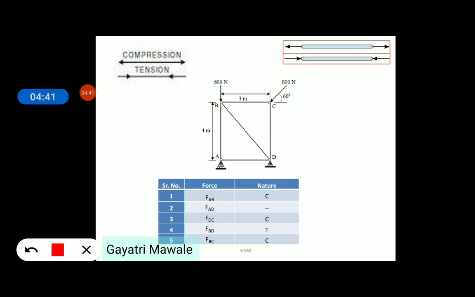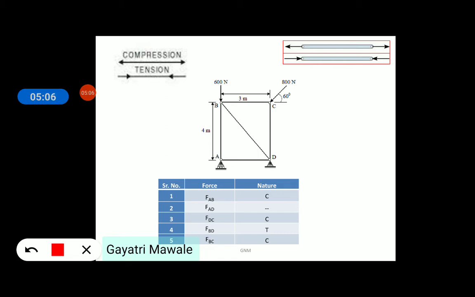Suppose for a given truss, forces in different members have natures as shown in the table. Then we can show a compressive force in a member with a pair of arrows which are going away from each other, or in other words, arrowheads are compressing the joints.